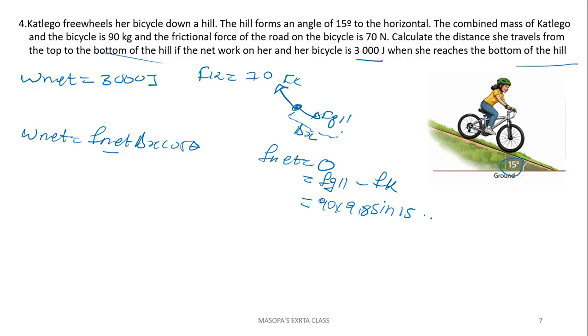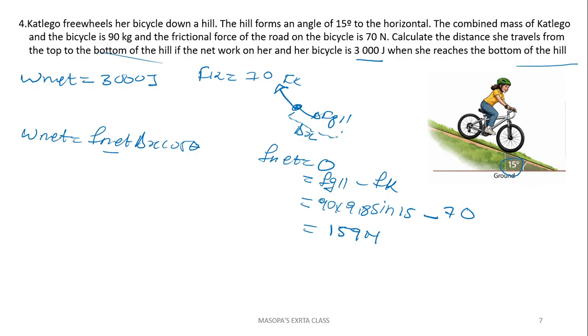And then minus Fk, they said is 70. And therefore the F net is 159 newtons. That is your F net.